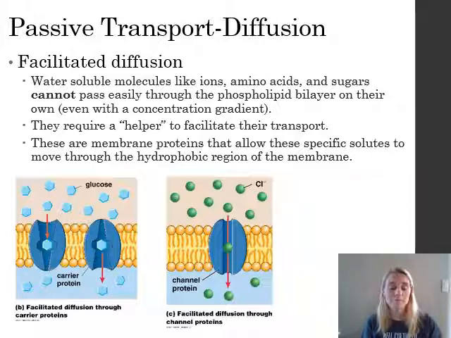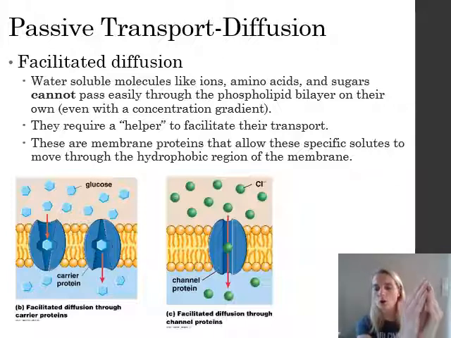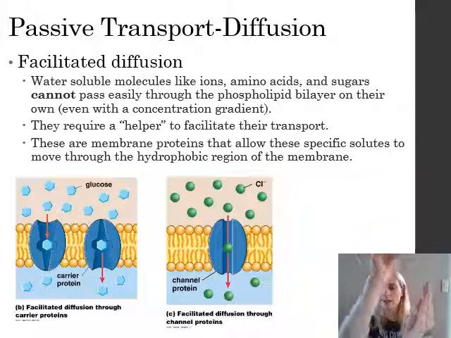They're going to be repelled by that hydrophobic middle part. So they have these different kinds of channels. There's a couple different types that can be used. The first one is called a carrier protein. So I like to think of a carrier protein as almost like a Pac-Man, right? So it opens on one side to the outside of the cell. And say the glucose comes in and sits, and then it goes Pac-Man, and then the glucose can go inside, and then it's going to change.